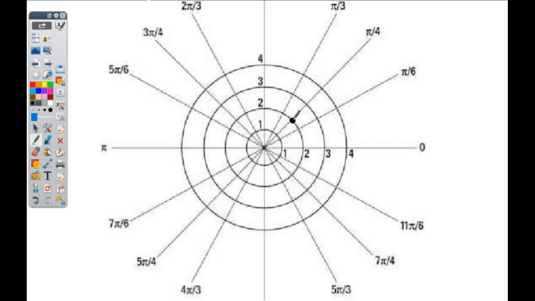That is because for every point you plot, there's 4 different ways of naming that point. So, listen carefully. This one was 2 and pi over 4, correct? So the next way also has a positive 2.